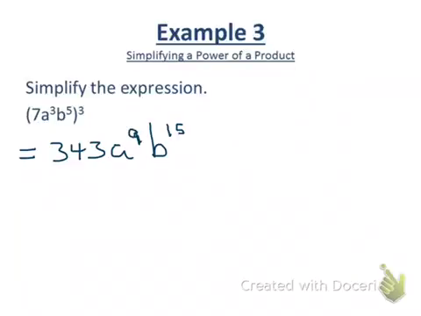You just have to know how different things relate to each other in math, and this is one way that things can relate. We can multiply things, we can divide things, and we can raise powers to a power. That's the only three things that change exponents. So these are the rules of exponents and how they relate to each other.